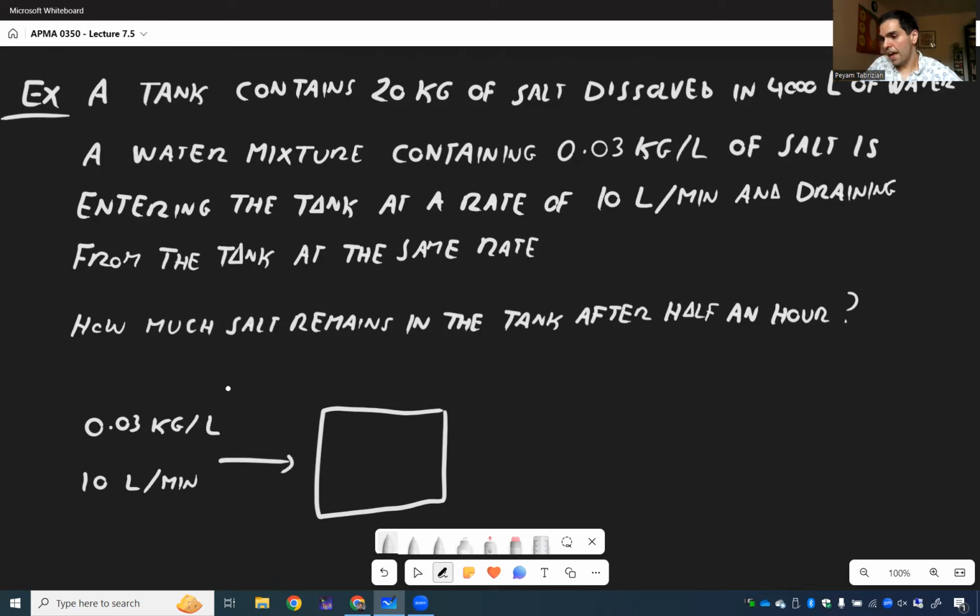Out of the tank comes some quantity, which we'll figure out, kilograms per liter, draining out at 10 liters per minute. And the question is, how much salt is in there after half an hour?